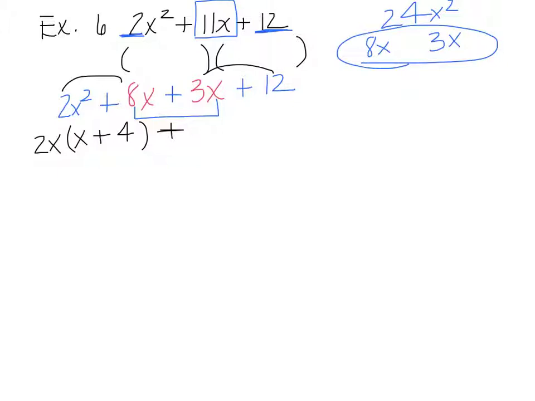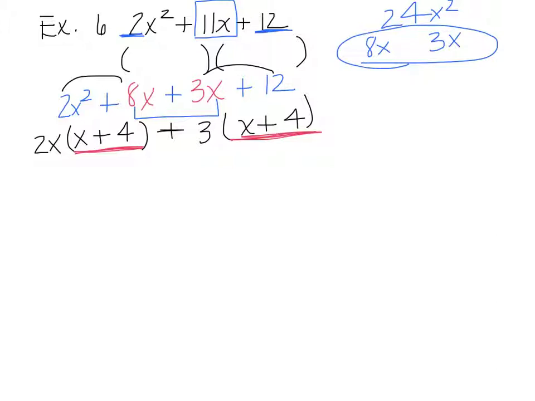The second 2 terms have a 3 in common, and that'll leave x plus 4 again. You want to make sure that these 2 factors are exactly the same. And if they are not, then you did something wrong.